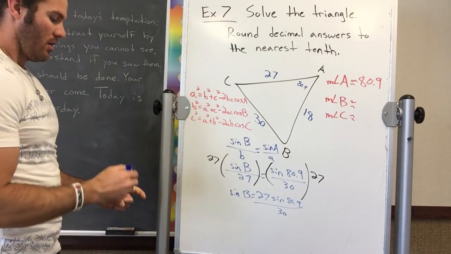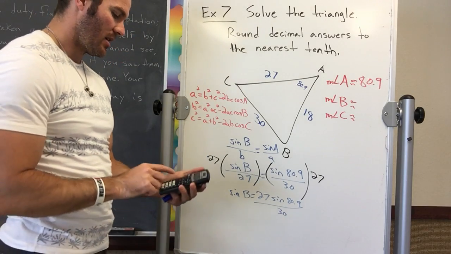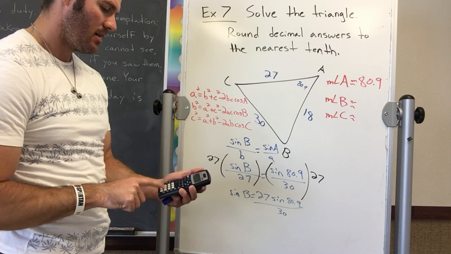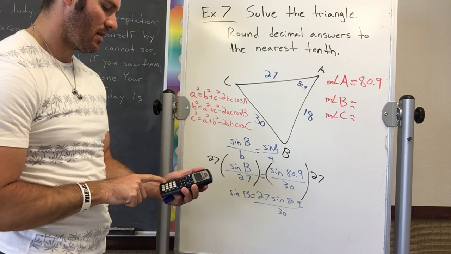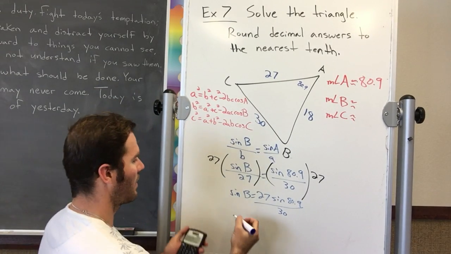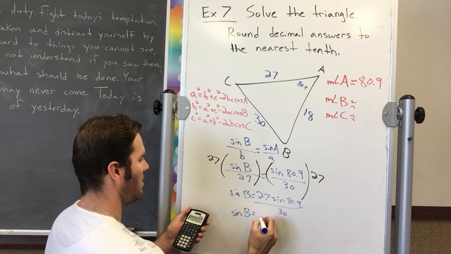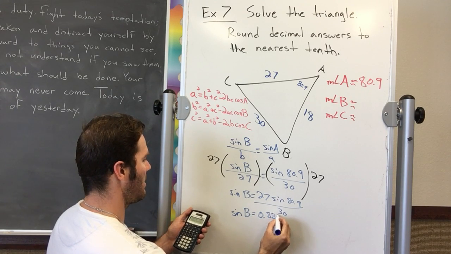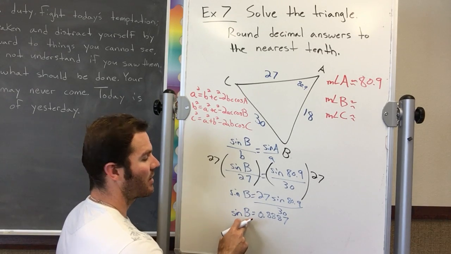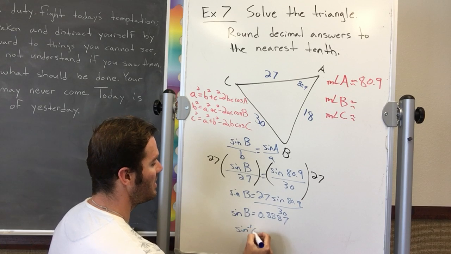Now I'm going to solve for this first. So I get 27 sine 80.9, and divide that by 30. So I have this little decimal number. Sine B equals 0.8887. And to solve for capital B, I'm going to do the inverse sine of this decimal.